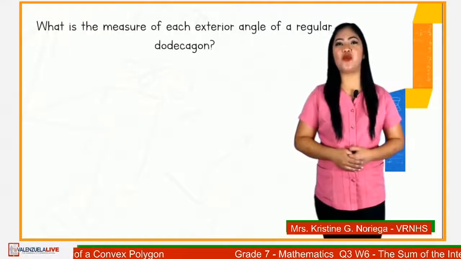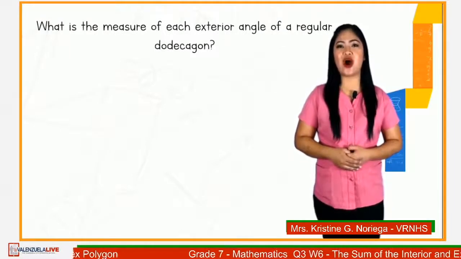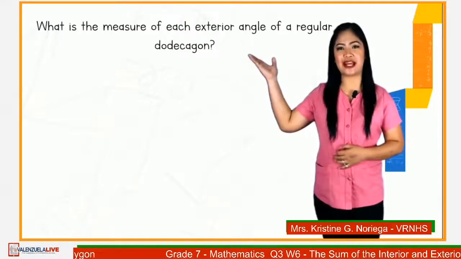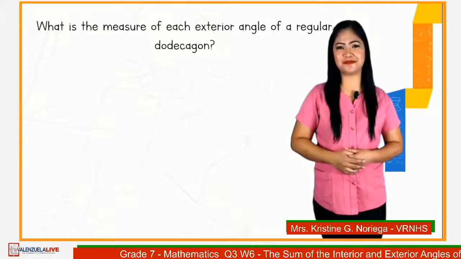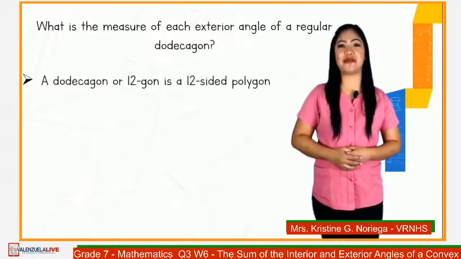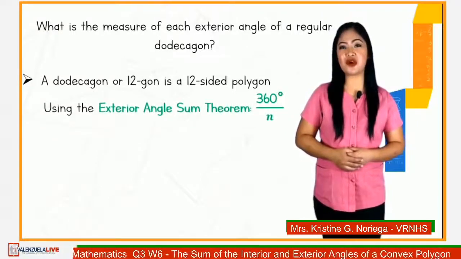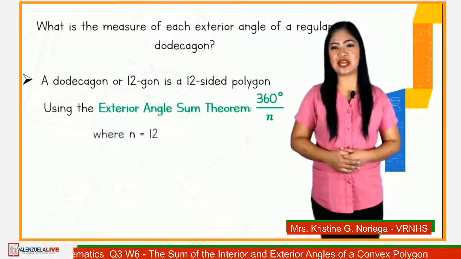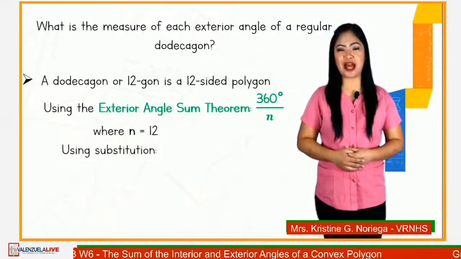Let us say we need to know the measure of each exterior angle of a regular dodecagon. Do you know what is a dodecagon? Great! It is a 12-sided polygon. Using the exterior angle sum theorem, where n is equal to 12, we will substitute n to the formula.